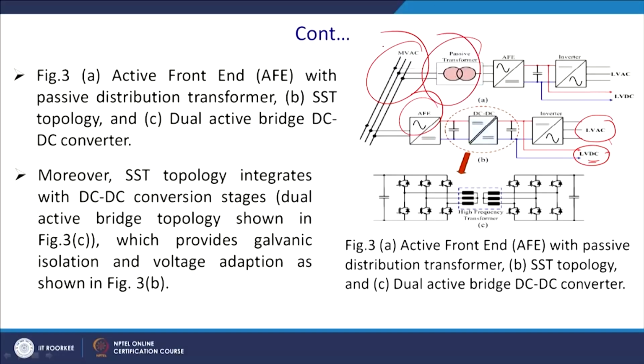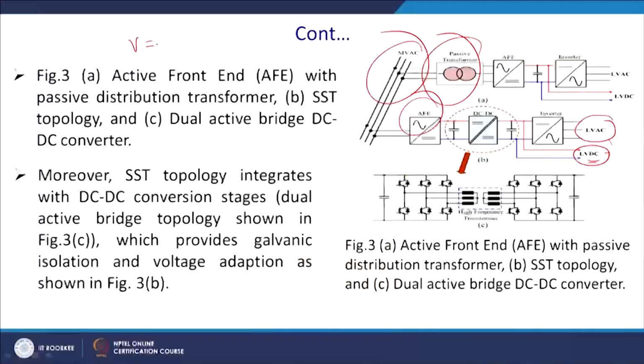bulky, because you know that V equals 4.44 f N B A. If you have a very high voltage rating, and your frequency is low in a transformer, like 50 or 60 hertz, then N is the turns ratio.